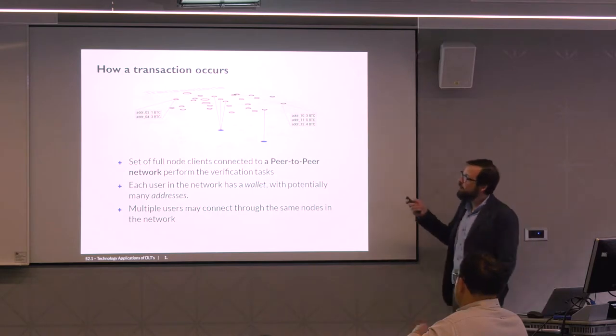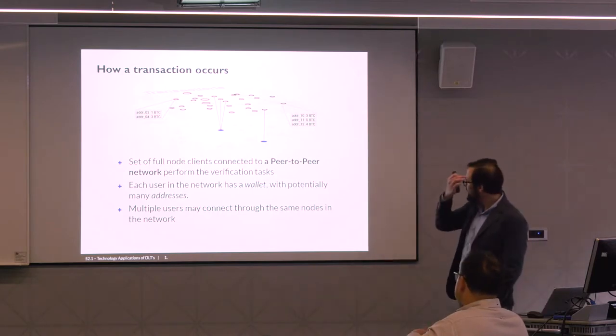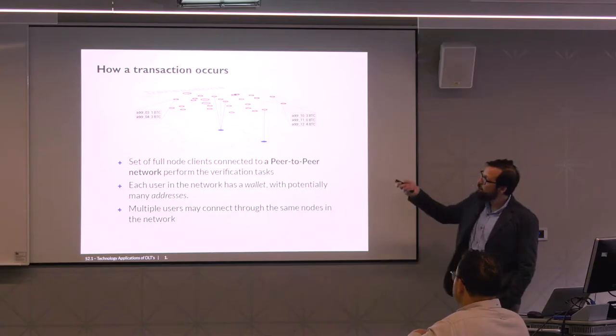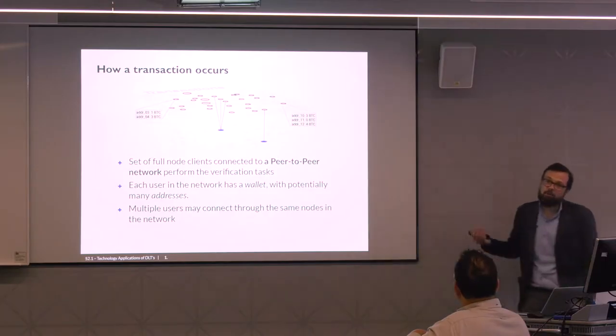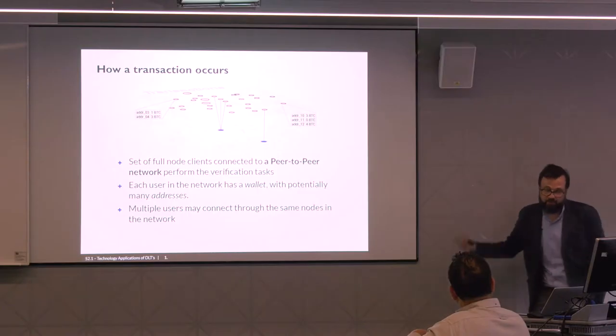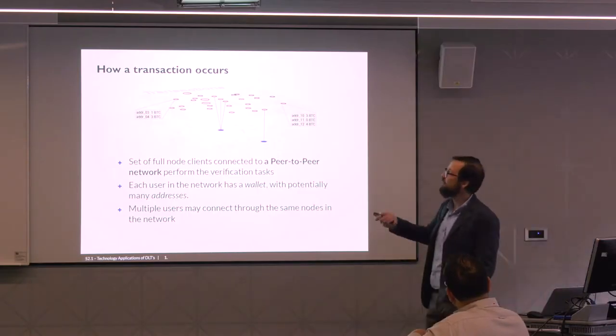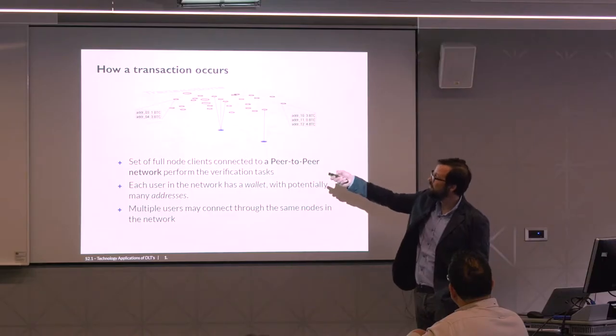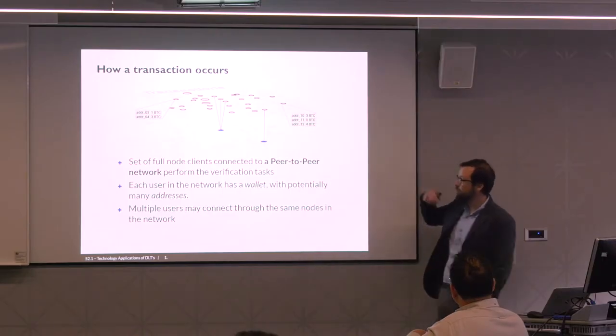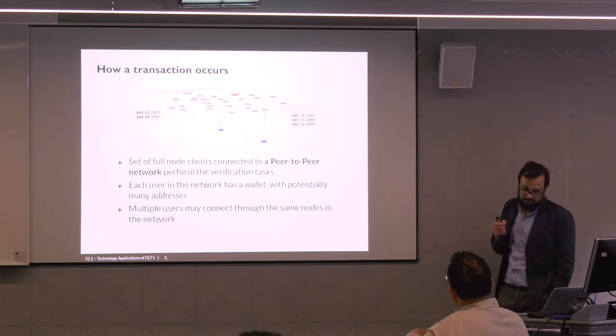Another thing that is particularly important in this kind of topology is the fact that this peer-to-peer network, the network of verification, is not a one-to-one mapping to the network of users, because in general, multiple users connect to the verification network through a single point. Like in this example in which you have 3 different users that connect to the verification network through the same node.